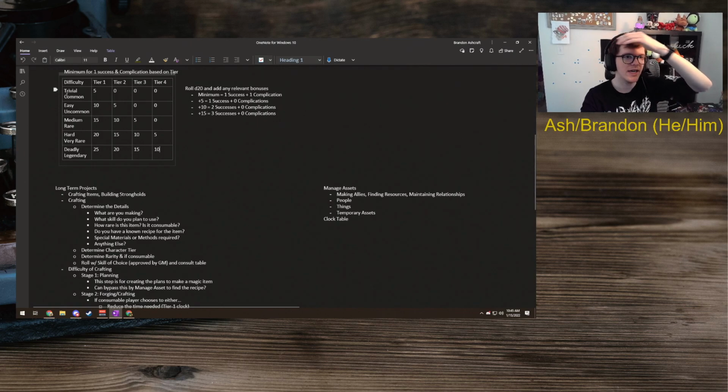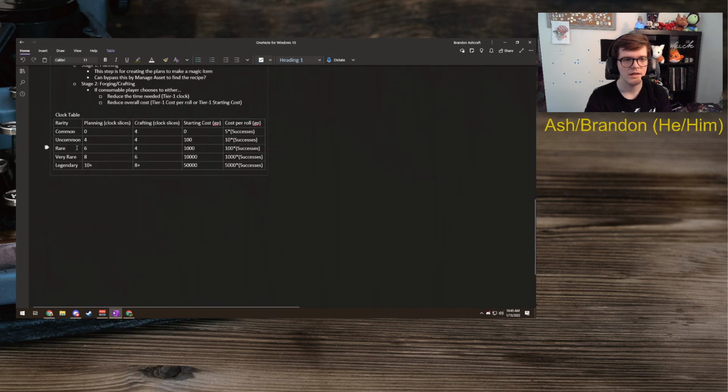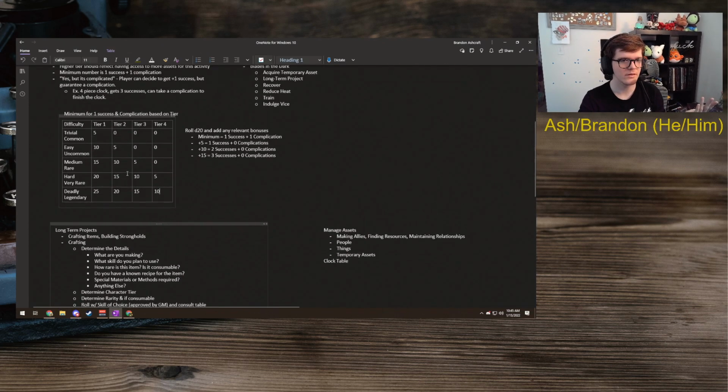So that way, when you look at trivial, easy, medium, hard, deadly, and you look at the rarities, earrings of message would be easy for a 20th level wizard to make. Absolutely. Because earrings of message are uncommon magic items, because those are essentially sending stones. So at tier 4, you just roll to see how quickly you make them.